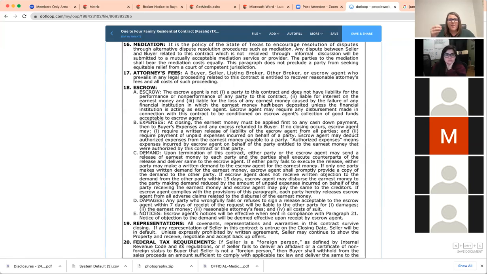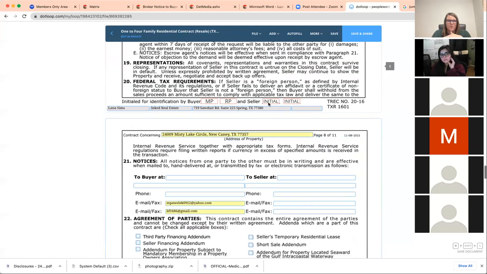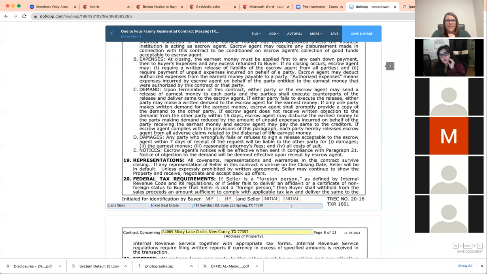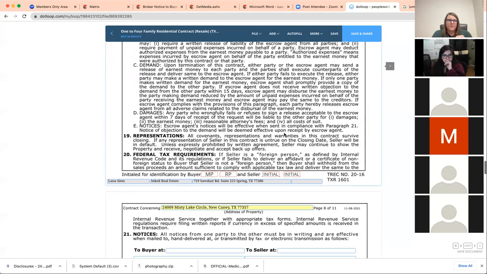So it's not just paying back the escrow money, they're going to incur all the attorney fees from both sides. And it says that in all this paragraph 18, it goes through all that legal jargon, so I highly recommend you reading it. But that's what that says.